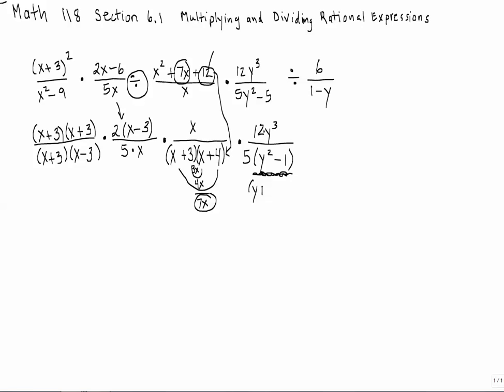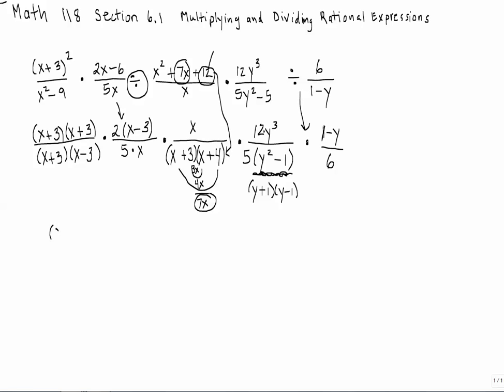That becomes y plus 1 times y minus 1. It's looking a little messy, but we'll fix it in a minute. After that comes a divided by sign. Change that to multiplication and flip over the fraction that comes after it. So the 6 moves to the bottom, the 1 minus y moves to the top.